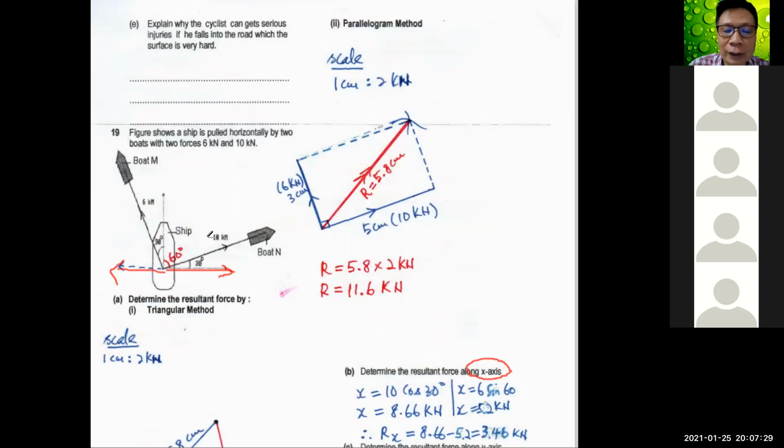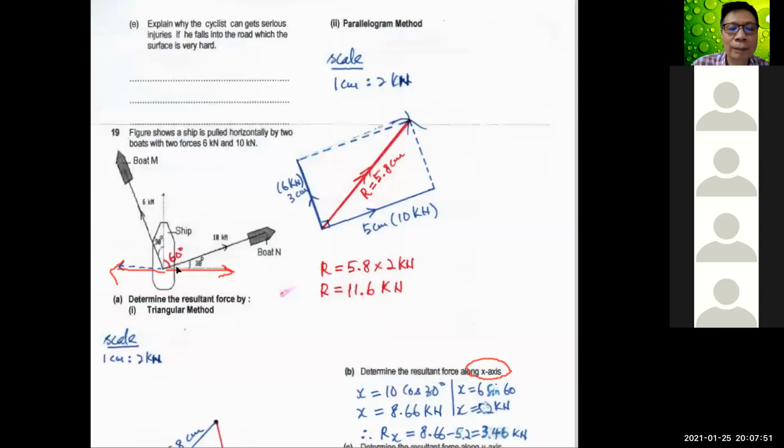I say it again, you all listen. This force, when you resolve, x is here, y is here. The same for this force, you can also break it into x component and y component. You see or not? All the forces you can break into x and y.